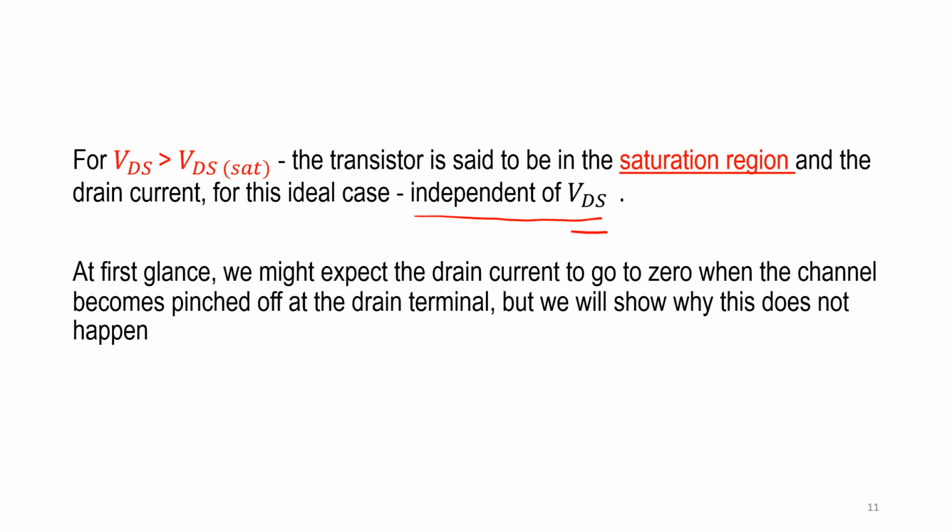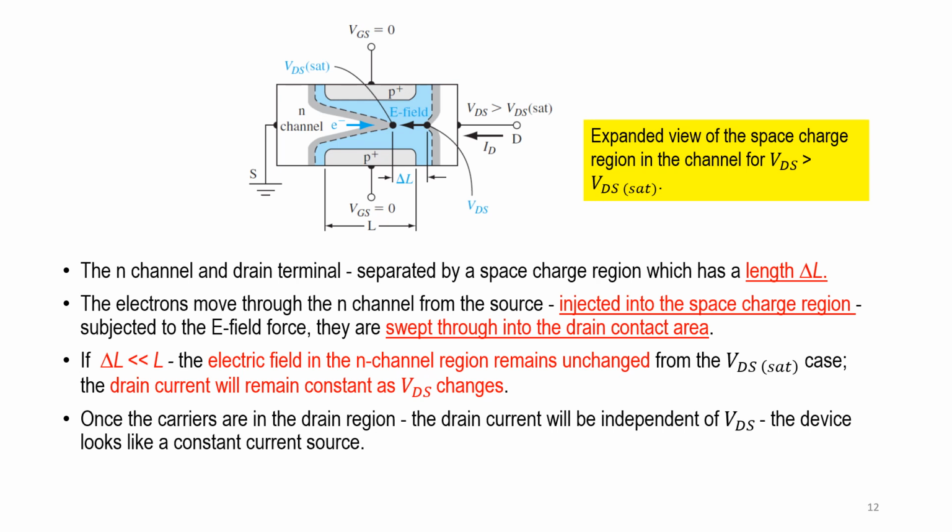At first glance, we might expect that the drain current is going to be 0, but we will show why this does not happen. So now, in the case of VDS larger than VDS sat, here is VDS saturated.